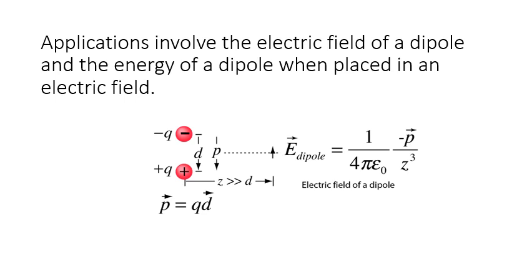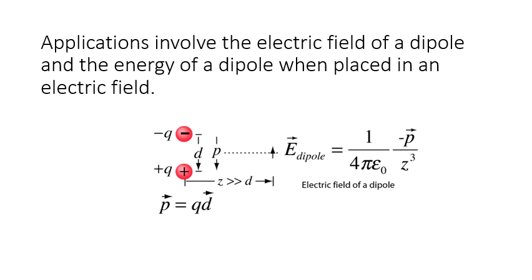If we want to calculate the field due to this dipole at some distance z, which is very much greater than d, where d is the distance between the electric charges, then the dipole field can be written as 1 upon 4 pi epsilon 0 times minus p over z cube.